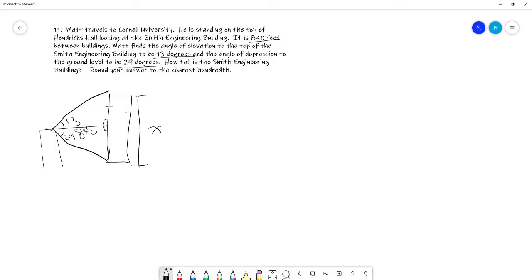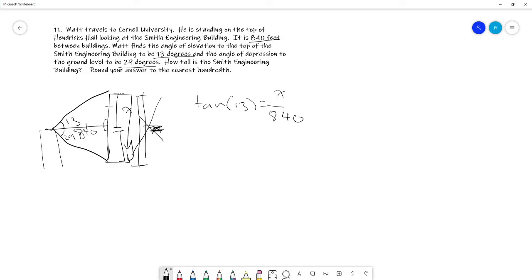So we can plug in an equation for that. That would be tan, right? Because it's opposite over adjacent. Let's make this first part x, and the second part y. So tan of 13, that's the angle, is equal to x over 840.